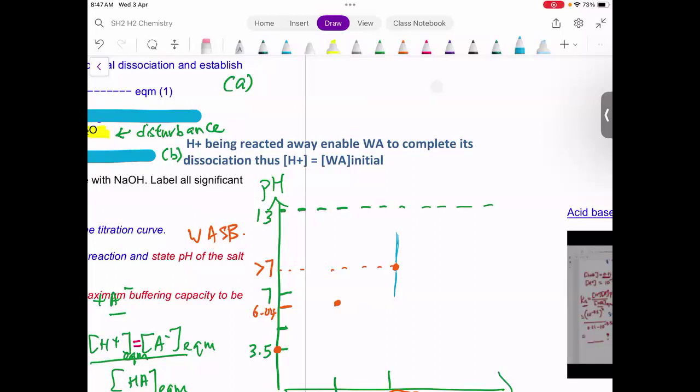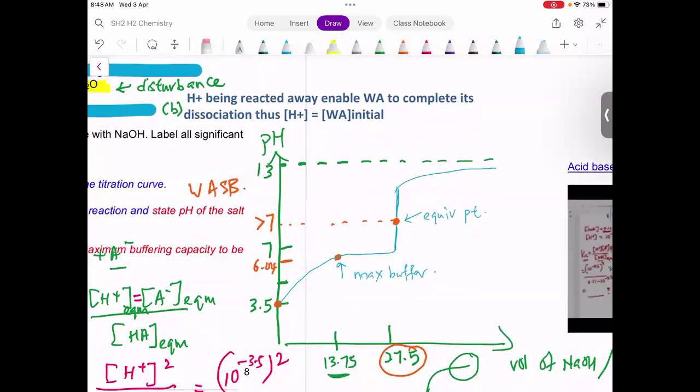When you join up the points, it goes from here to here to here, and approaches 13. This is the equivalence point, and this is your max buffer. This is how your titration curve will look.